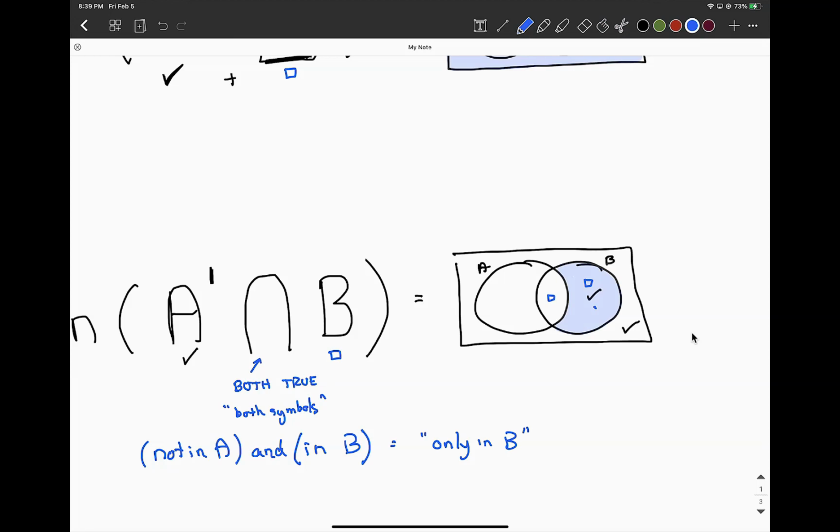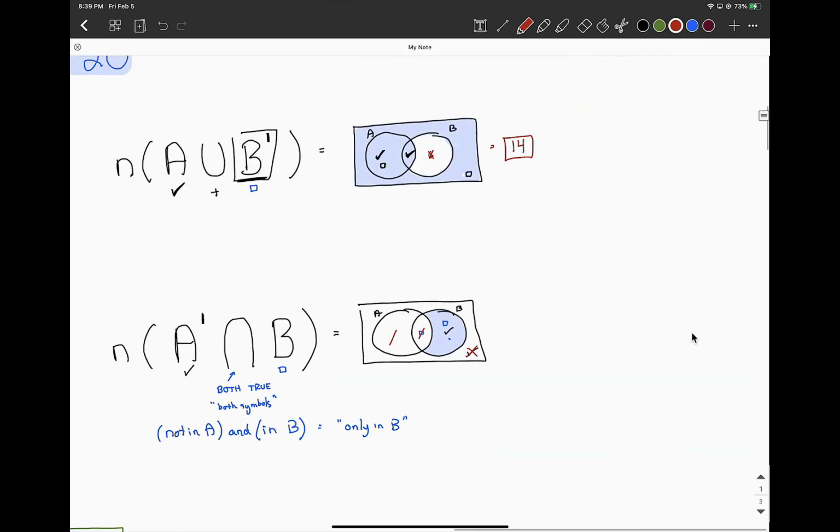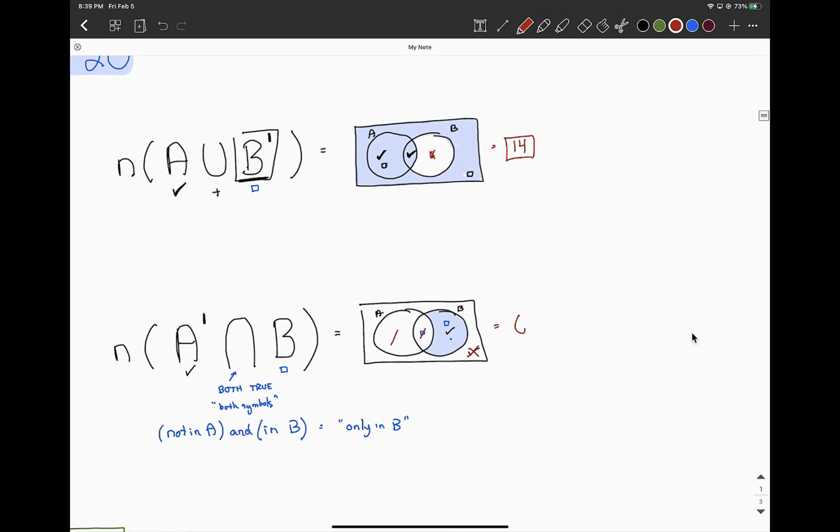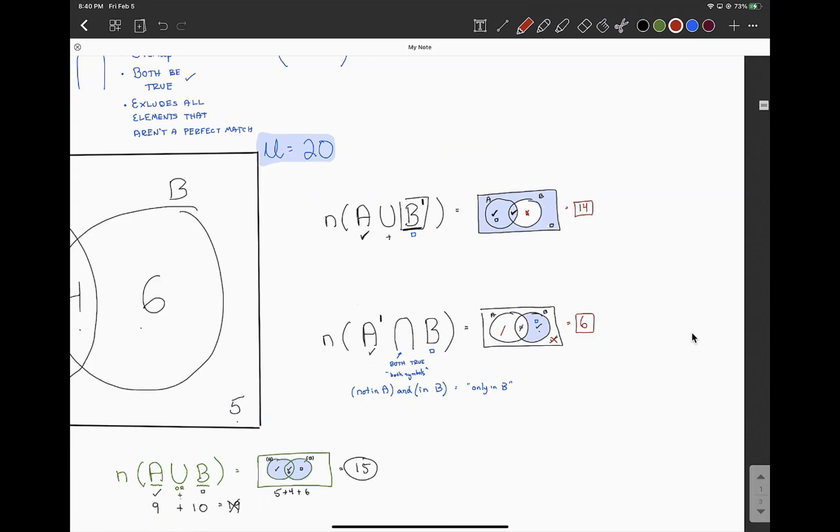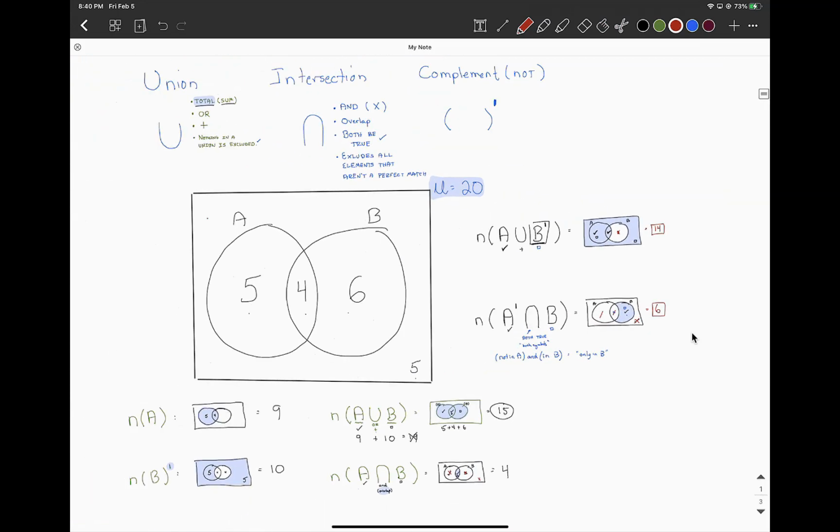And that has excluded, nope, not good enough. Nope, nope. Excluding most of the diagram, the only region actually is those 6 people, and that is the intersection of not A and B.